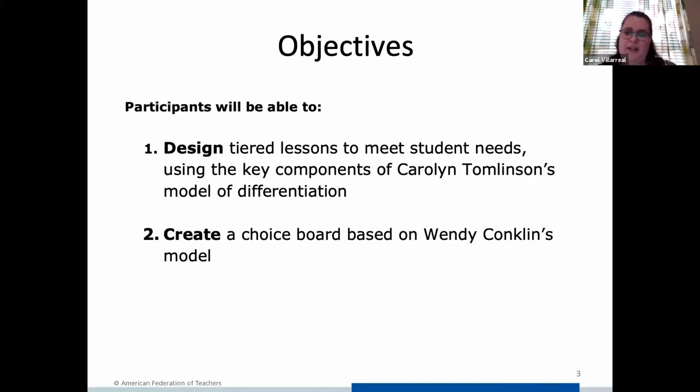Does anyone have any questions about these or anything? Is this what you were expecting out of this presentation today? Was there anything else that you were expecting to learn today on differentiation that's not listed in the objectives?